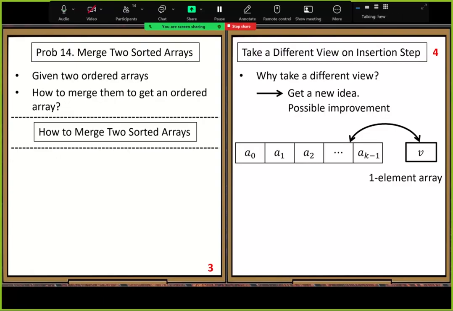Can we view it in that way? It's a special case, a single element array.